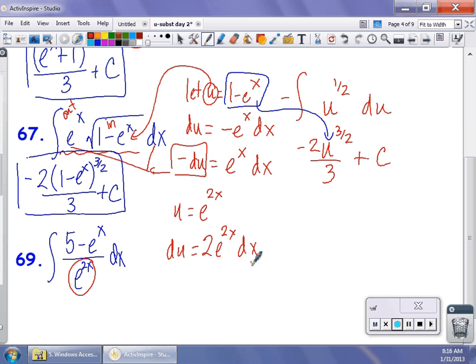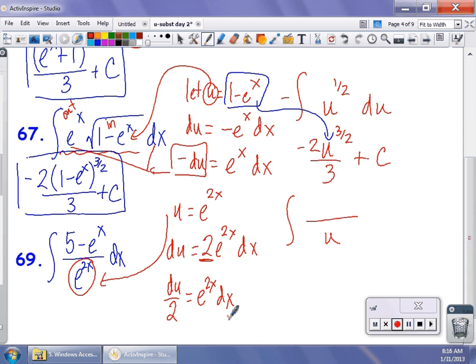If I make my replacements, in place of e to the 2x I'm going to substitute u. So I have over u. Now the 2 here, notice I don't need that 2, so I'm going to divide both sides and I get du over 2 is equal to e to the 2x dx.